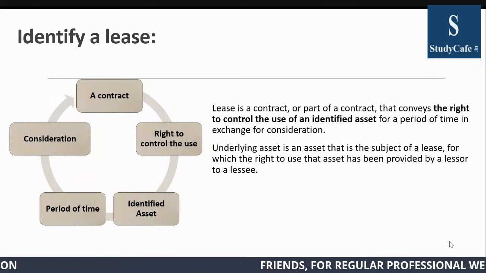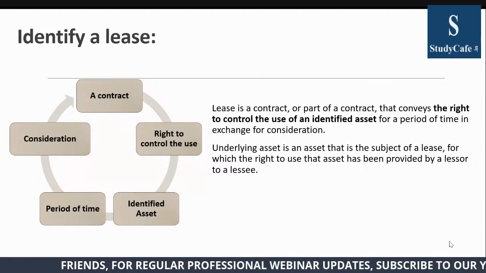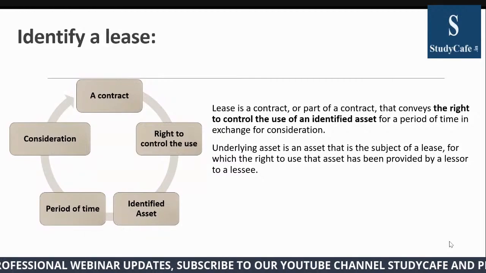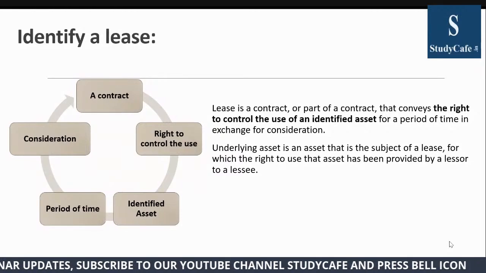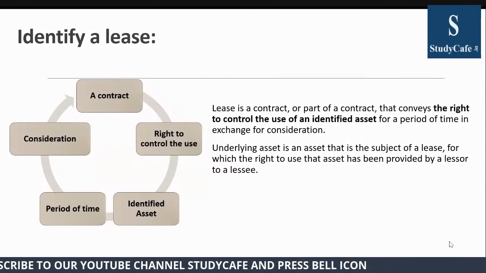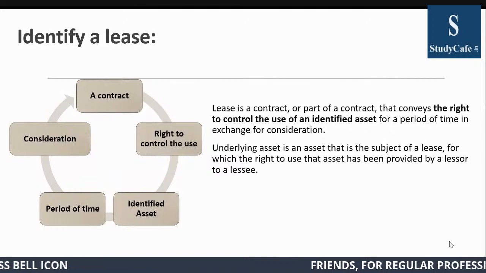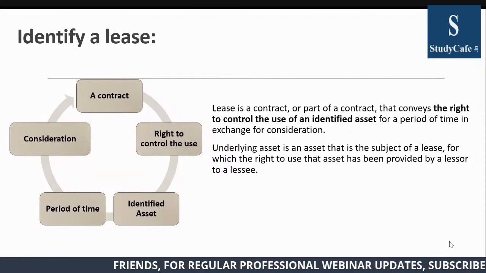Second part is that there should be a right to control the use. The contract must convey the right to control the use of the identified asset. So we need to understand what is a right to control and when does it come, and what is an identified asset. So we will understand these two concepts very comprehensively.